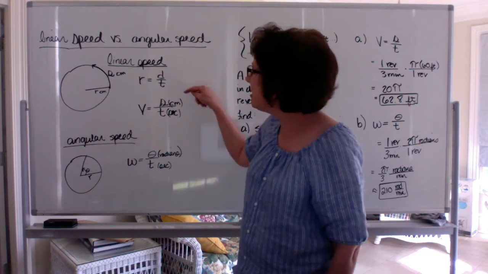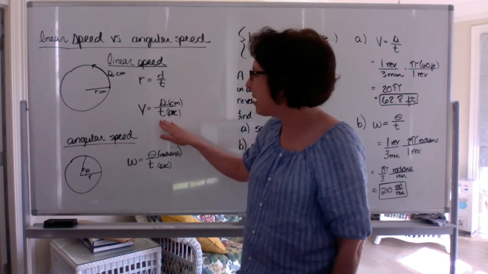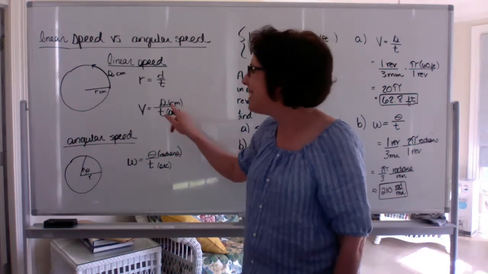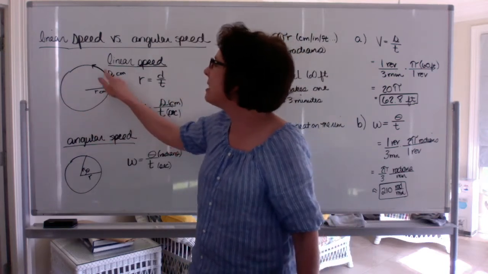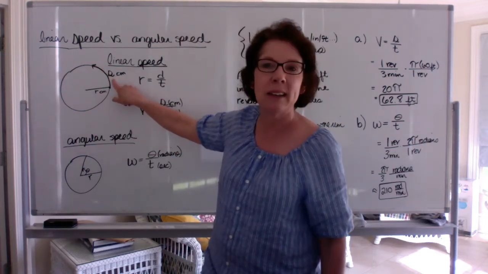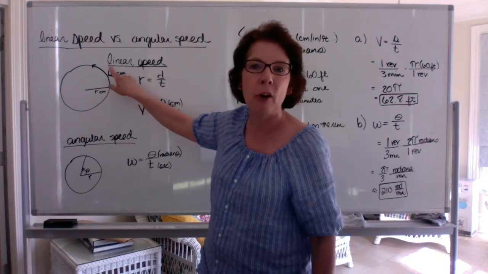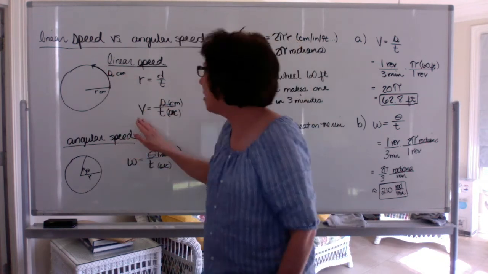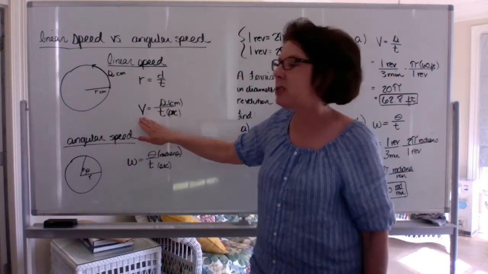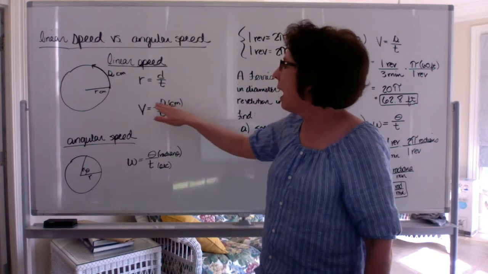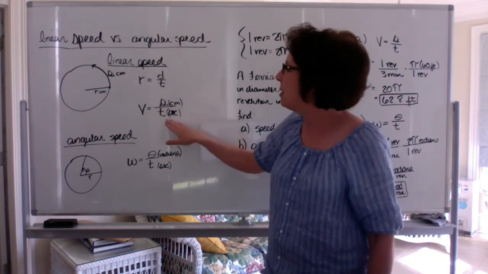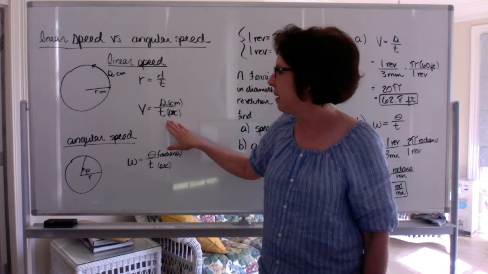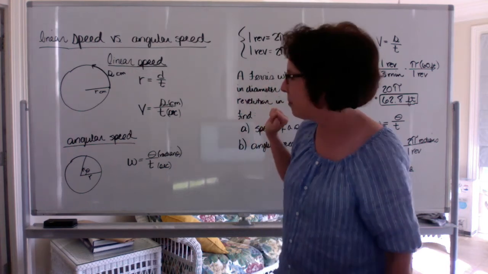It's going to be the distance traveled divided by the time, which is what we just saw here. But distance now, since we're traveling around the circle, the distance is actually going to be s, the length of the arc. Okay, so velocity, linear speed around a circle is going to be the s length traveled around the edge of the circle divided by the time. We'll come to an example on that in just a minute.